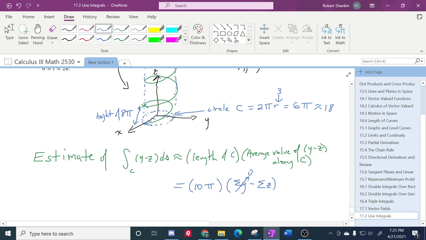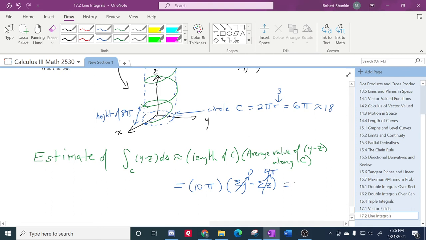All right, now the z's are distributed between 0 and 8 pi. And the average value of the z's might be then halfway in between, 4 pi.